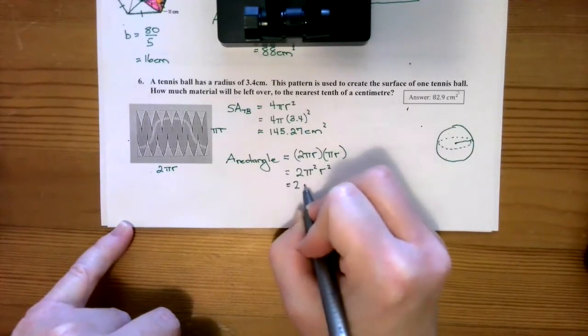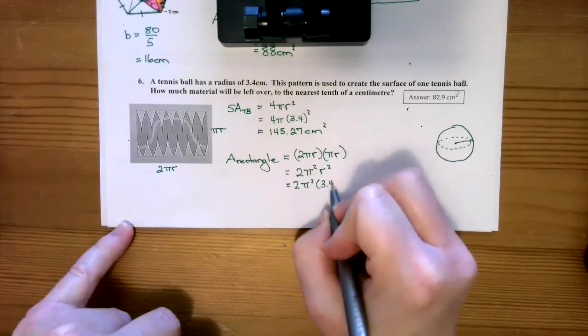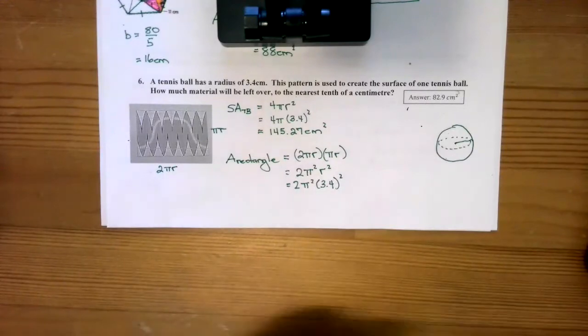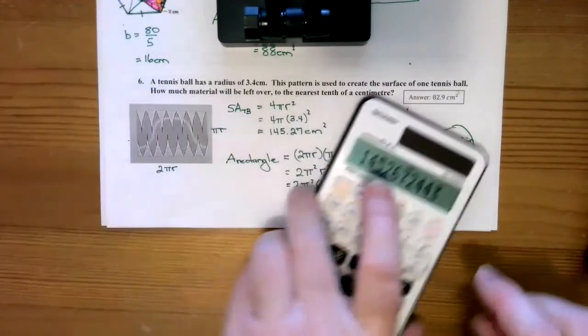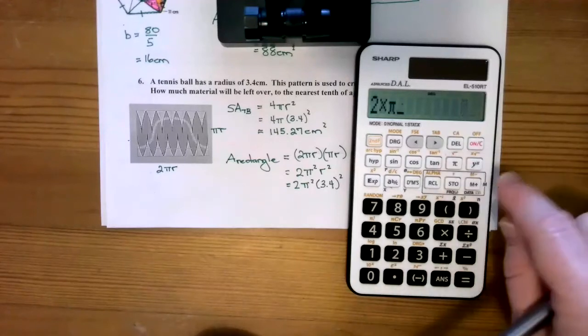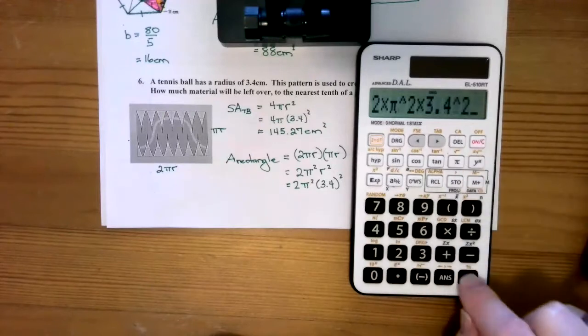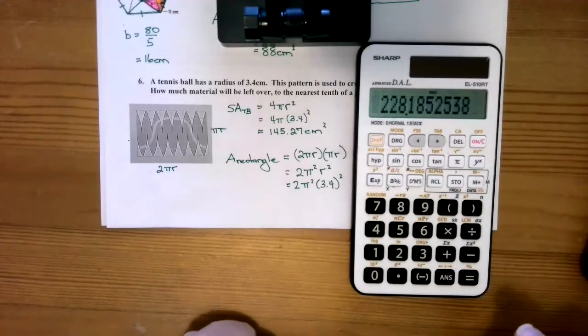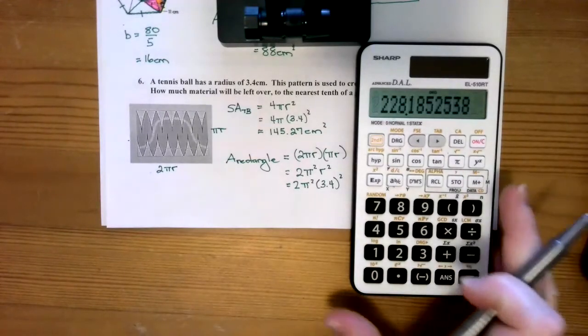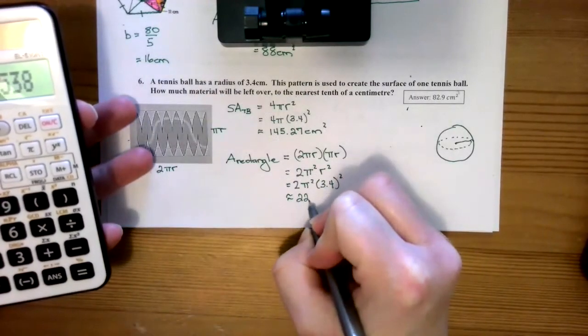I can go ahead and replace r with 3.4. So if I plug that into my calculator, I have 2 times pi squared times 3.4 squared, and I get 228.19.